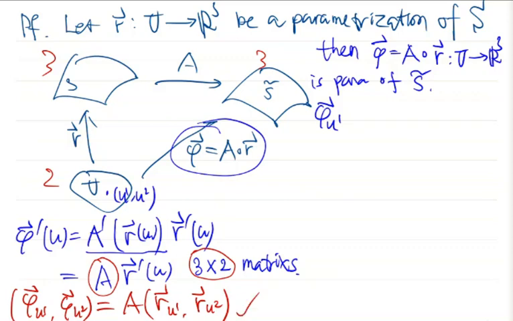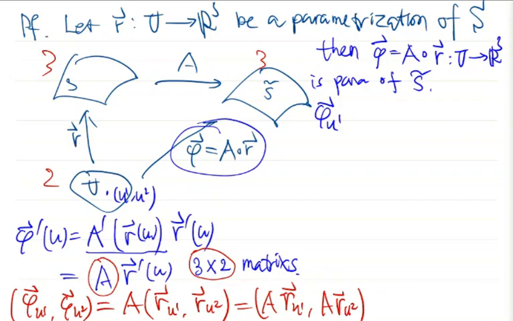This is a 3 by 2 matrix. We write the 2 columns. Both 3 by 2 matrices can be written by column, and of course we can also write A R U1, A R U2. Okay, so compare the first column and the second column, we will obtain what we need here.